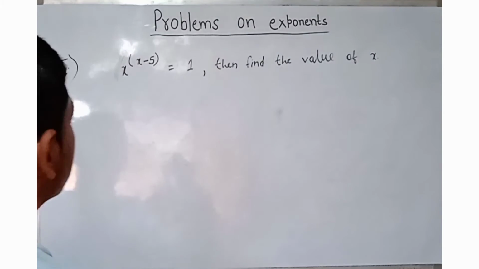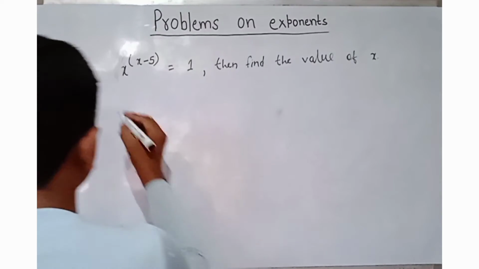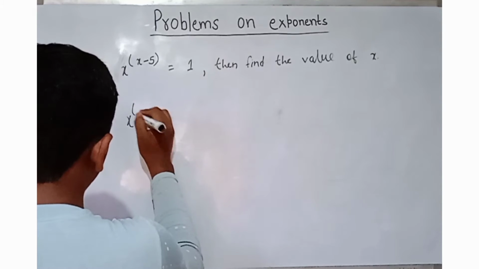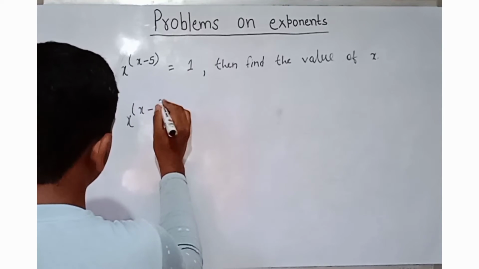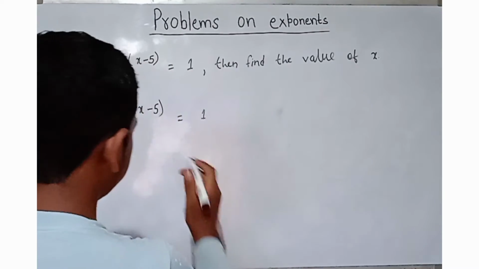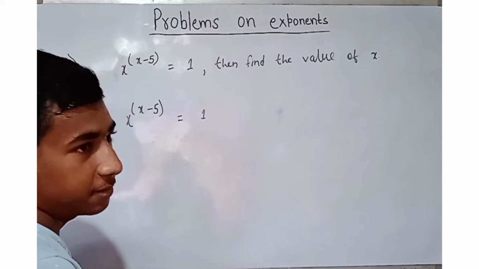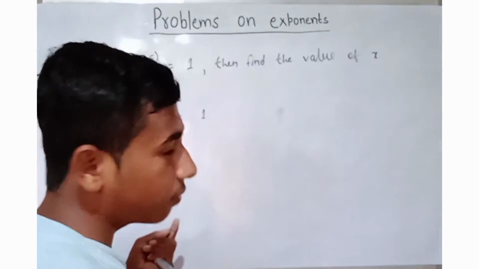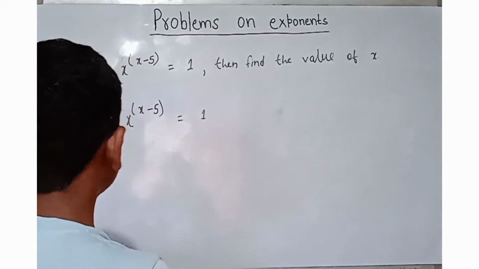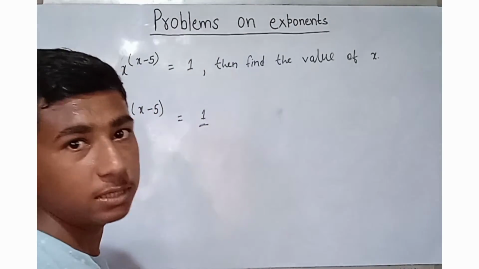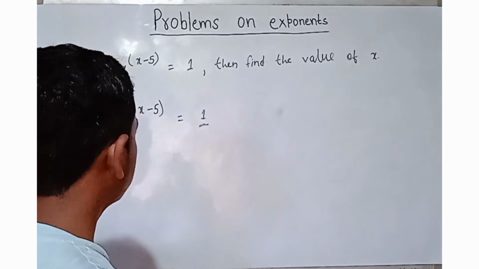So let's solve it. x power x minus 5 is equal to 1. Just think that it is an equality sign, and I have just taught you the equality law related to this. So think how this one can be written so that the base will become x.